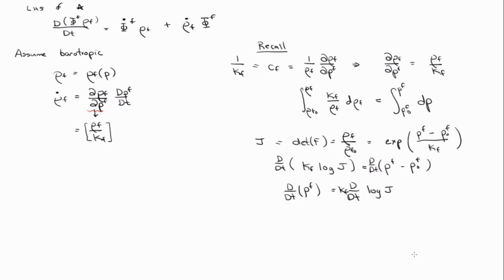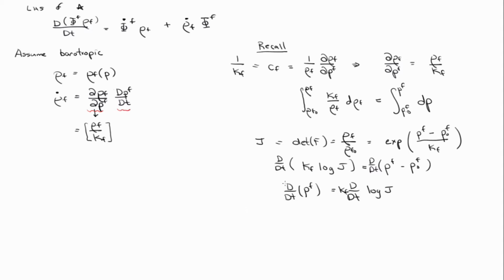All right? And that's because on the right side you have d/dt of pf, and then distribute, you have d/dt of pf0. Well, there's no time dependence on the reference pressure, right? So it's 0. All right. So now we have this guy.